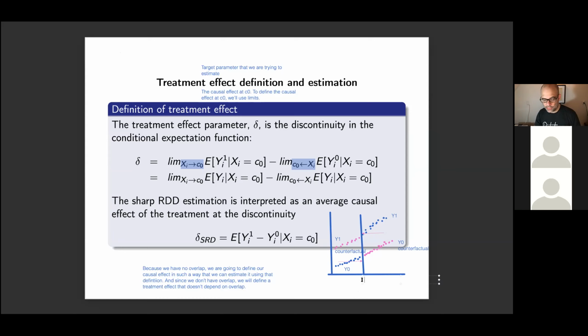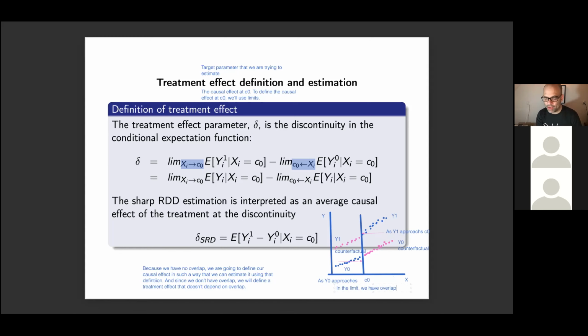This is C0, and this is X, and this is Y. So what we're doing is using as Y1 approaches C0, as Y0 approaches C0, in the limit, we have overlap.